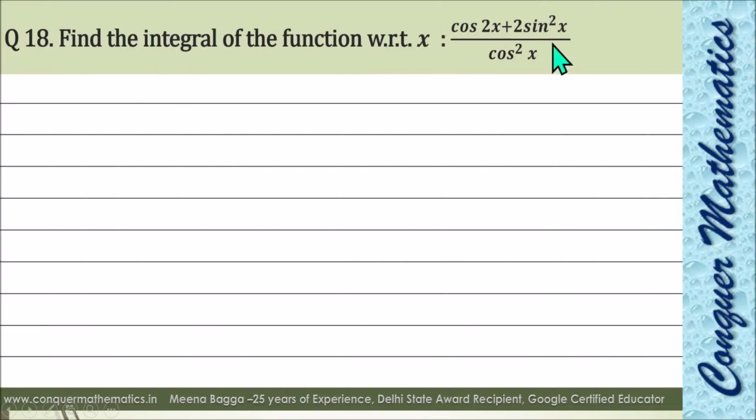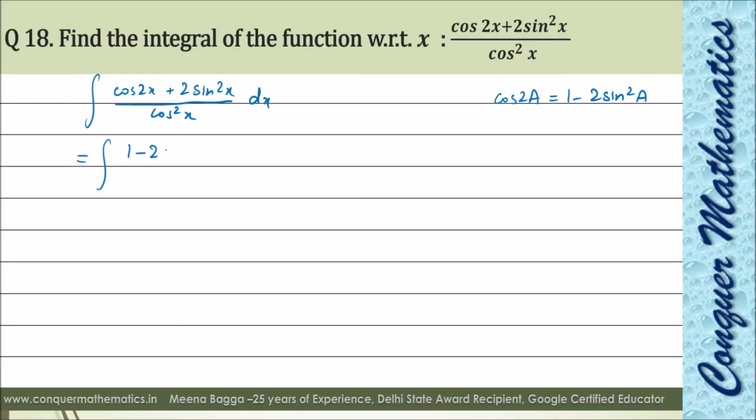Yes, integral of cos 2x plus 2 sin square x divided by cos square x. I hope, beta, that seeing these two terms together, you quickly recalled which formula to use: cos 2x plus 2 sin square x. cos 2a is 1 minus 2 sin square a. I hope till now you remember all the formulas of cos 2a, the modified ones also, and the basic one also. So we just clicked it by observing.